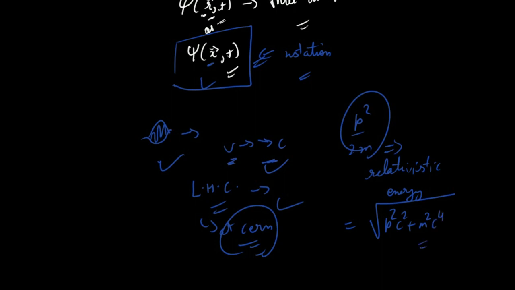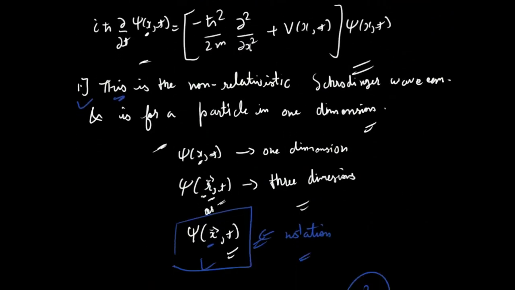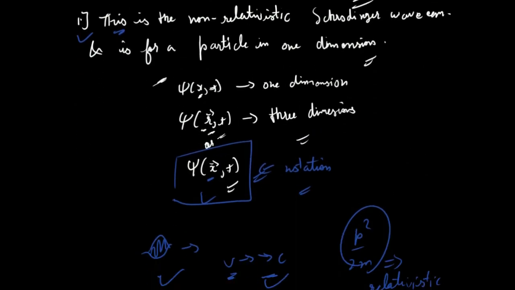This is the relativistic energy. So it's just a simple concept. First of all, we have understood that this is the non-relativistic Schrodinger wave equation and it's for a particle in one dimension.